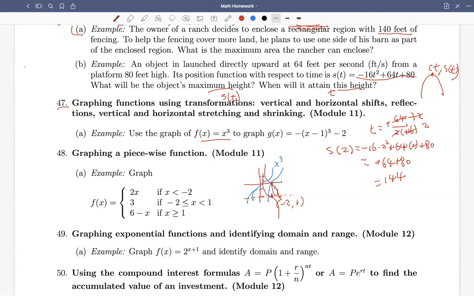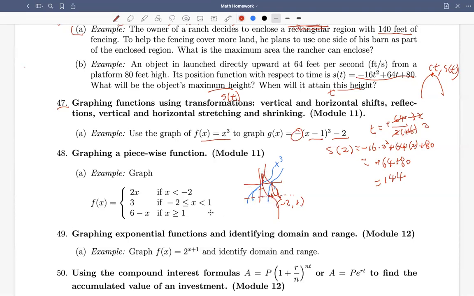So this is our graph: negative (x minus 1) cubed minus 2. So this negative is a reflection, right? This x minus 1 is a horizontal shift to the right 1 unit. This minus 2 shifts the graph down 2 units. So you can work with a couple of points. I work with the point where the graph wiggles by remembering the reference graph.